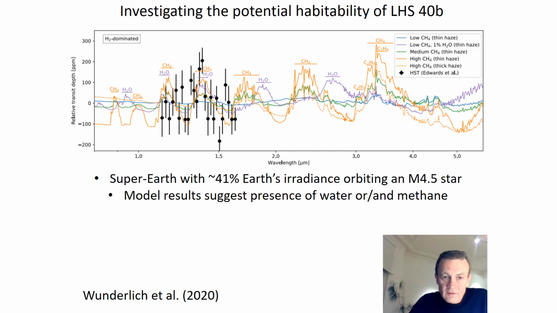Whether we're seeing water or methane is difficult to say, but we can say it's likely one or the other that we're seeing, and we probably need more data or better, higher resolution data to figure out whether it is water or methane that we're seeing.